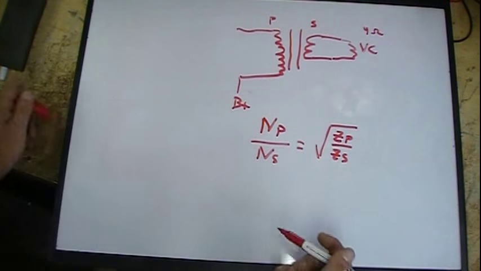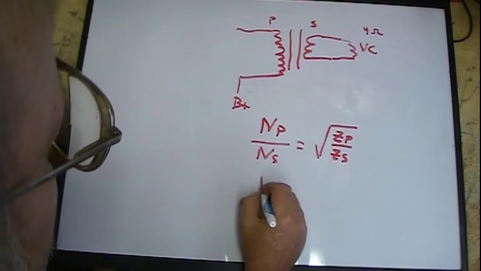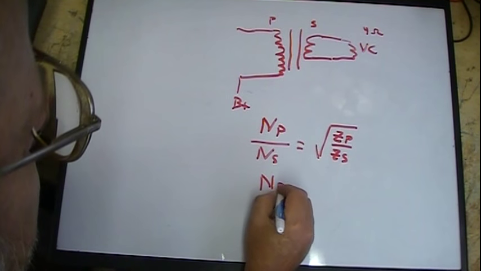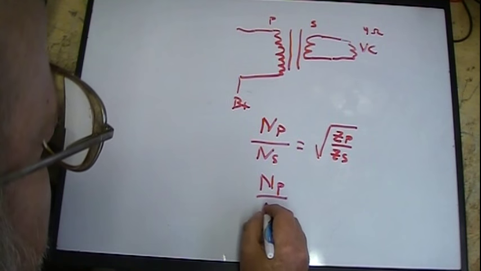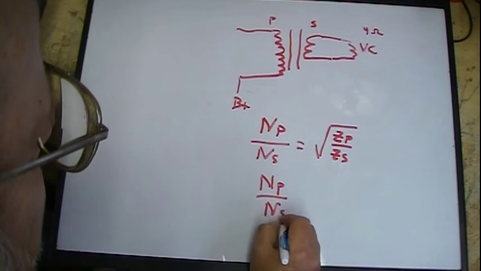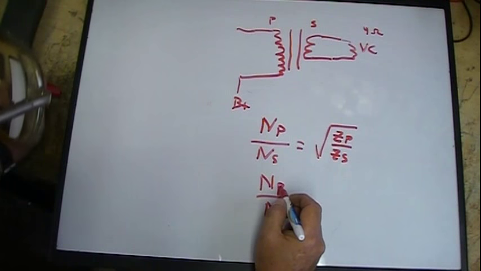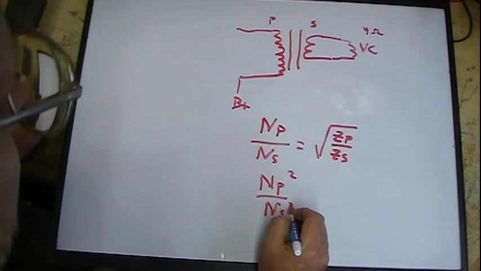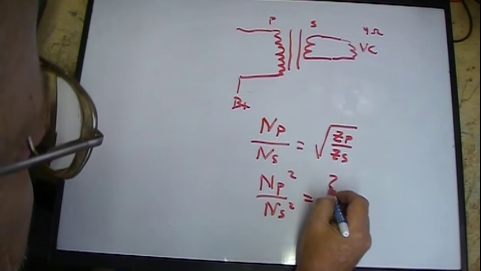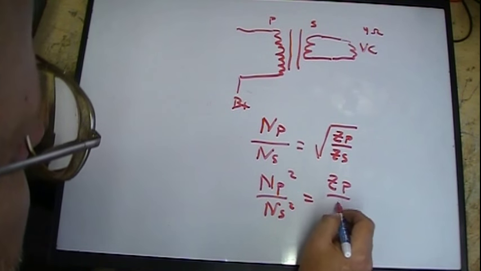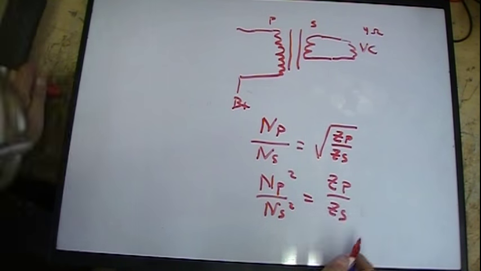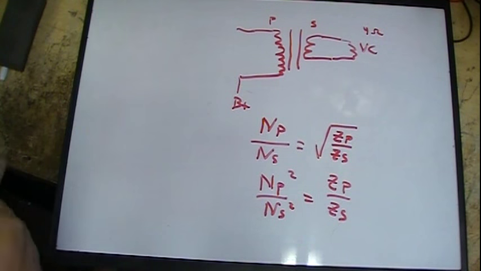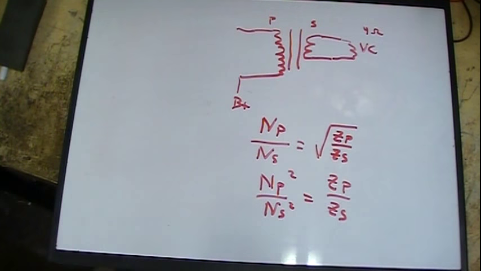Now you can flip-flop it, you can just square both sides, so you'd have the turns ratio squared. So the number of turns on the primary divided by the number of turns on the secondary, both of them squared, will equal just the impedance ratio, primary to secondary.